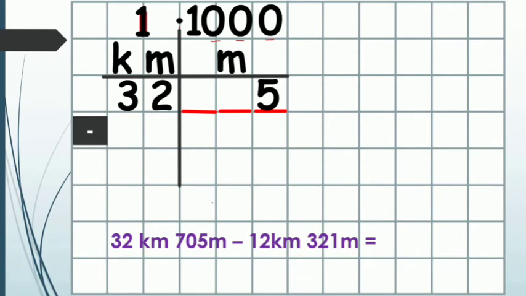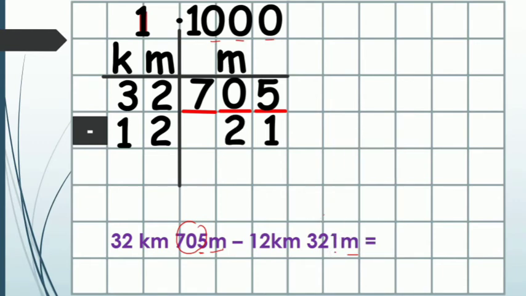When we write this meter, we need to write these numbers from behind. We start from 5 and then 0 and then 7. This is the same as 705 meter. Then this is 12 kilometer and then this meter we start writing from behind: 1, 2 and 3, 321.